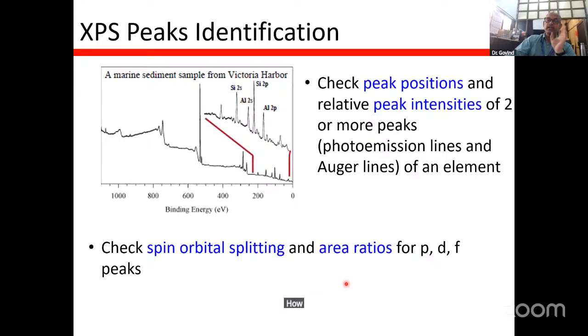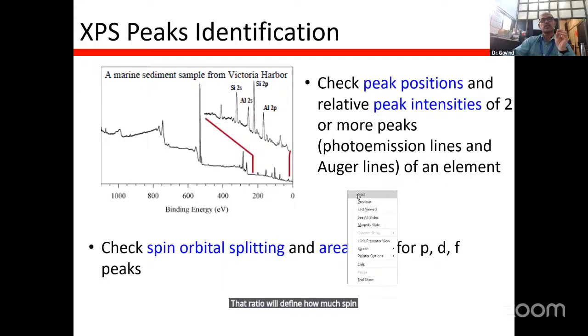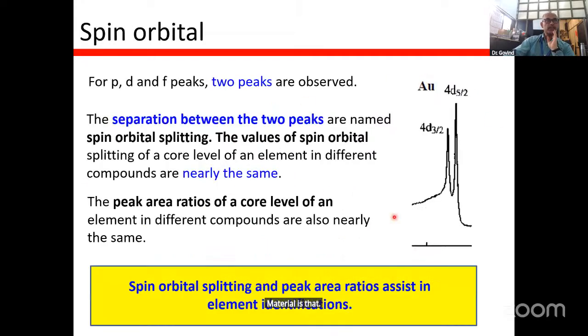How to identify them? We have to take a ratio. That ratio defines how much the spin orbital splitting is, and those are constant. That is one of the interpretation skills to understand and confirm what material it is. So for p, d, f peaks only, we can observe this kind of orbital.